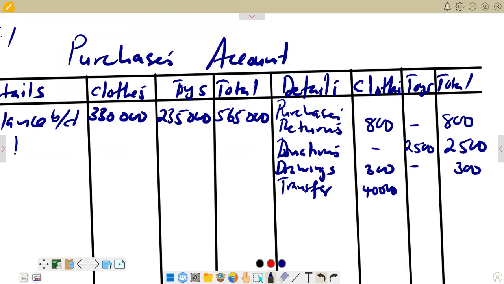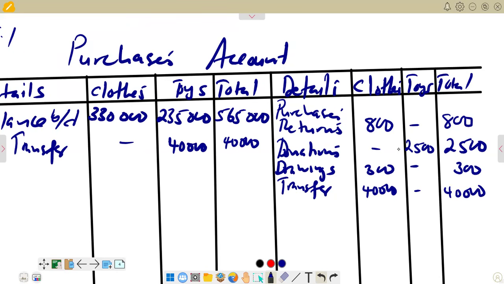And then it's going to come here again as our transfer. And the one that is going to be debited is now the toys department, because it's a movement from the clothes to the toys. So total here we don't have anything, so total is also 40,000. Here we also don't have anything, and we have a total of 40,000.